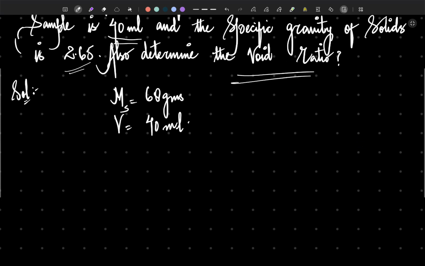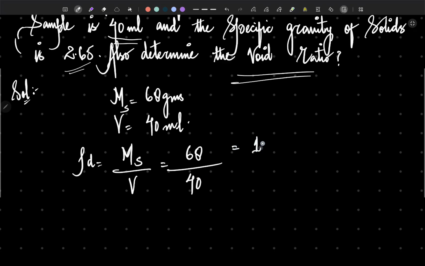All right. So we'll go on finding the dry density. It is mass of soil solids divided by total volume. We'll substitute the values, 68 here, 40. By calculations, it is 1.7 grams per milliliter. This is the dry density of the soil.